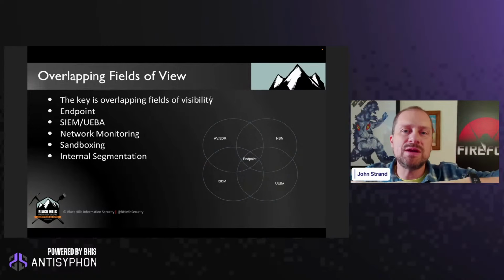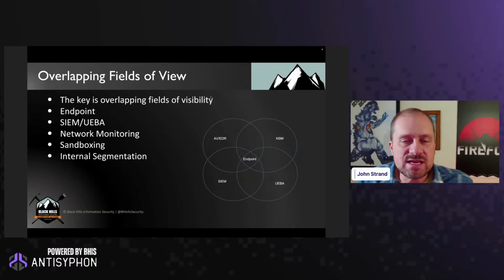If they overlap each other, then you get a multiplier. So if you can utilize your AV, EDR, network security monitoring, SIEM, and UEBA, and they're all watching that endpoint, then you get that overlap over the entire endpoint. And that becomes very powerful.